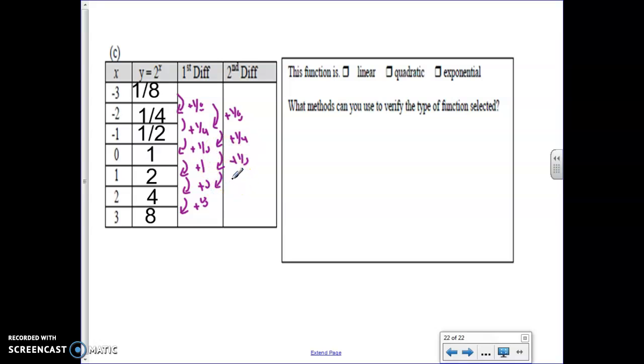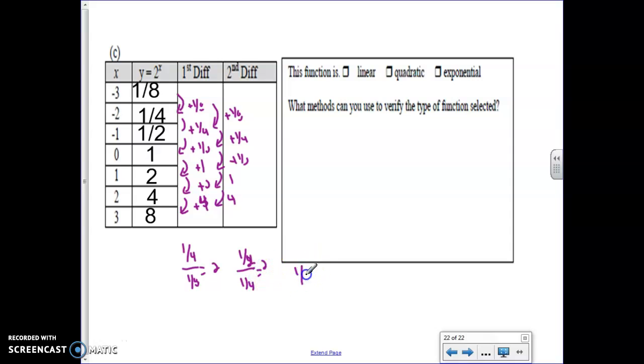But if I look at the y values, just compare them. So if I take 1/4 over 1/8, what do I get? I get 2. If I take 1/2 over 1/4, that's going to be 2.